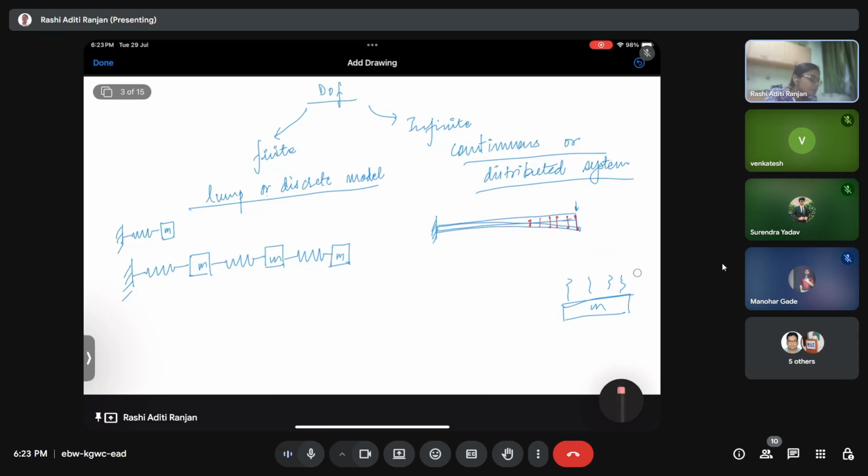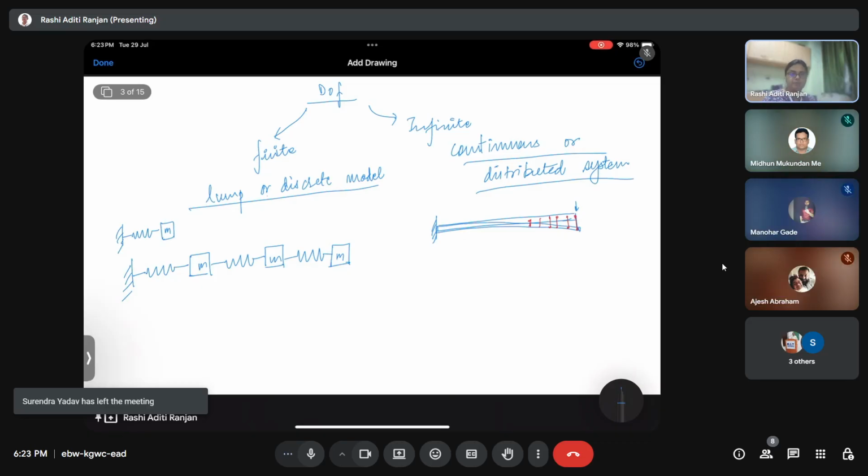If I have a continuous system like a cantilever beam and then I model it like a single spring mass system, it is actually not going to give me very accurate results, right? So then I introduce some more degrees of freedom, right? Like for example, I can give maybe 10 or 20 masses in the system, and then I see how the system behaves. Okay, that way we can do it.